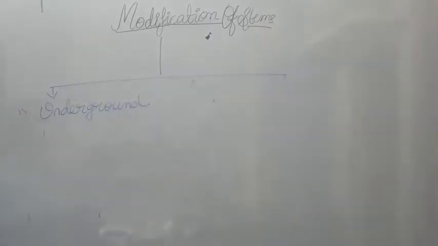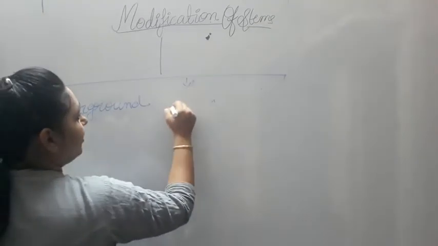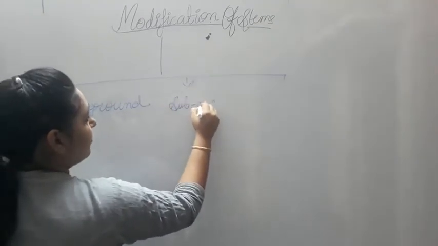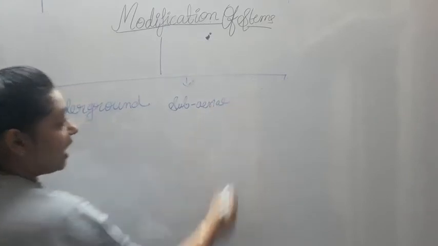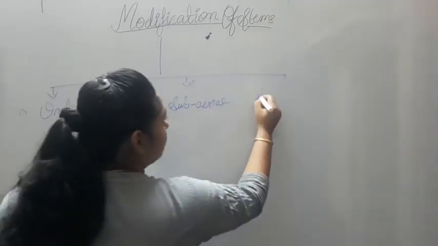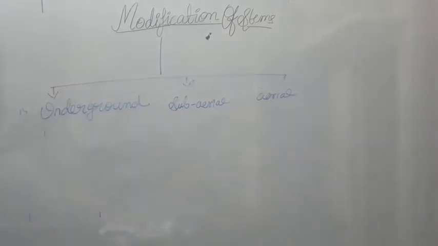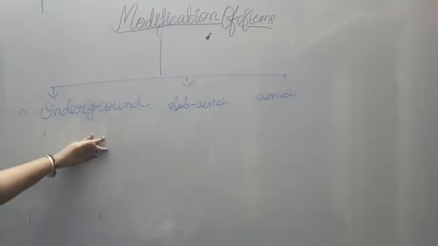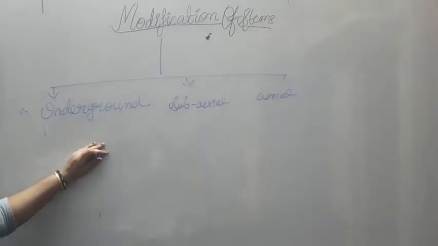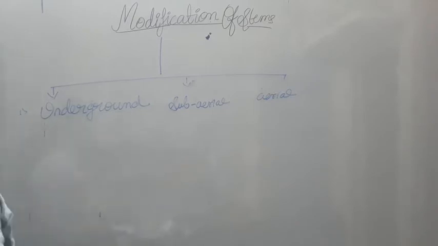It is divided into three parts. One is underground, the second is subaerial, and the third is aerial. These are three different characteristics which have been modified into some different form to give support or to help the plant survive in the habitat where it is.